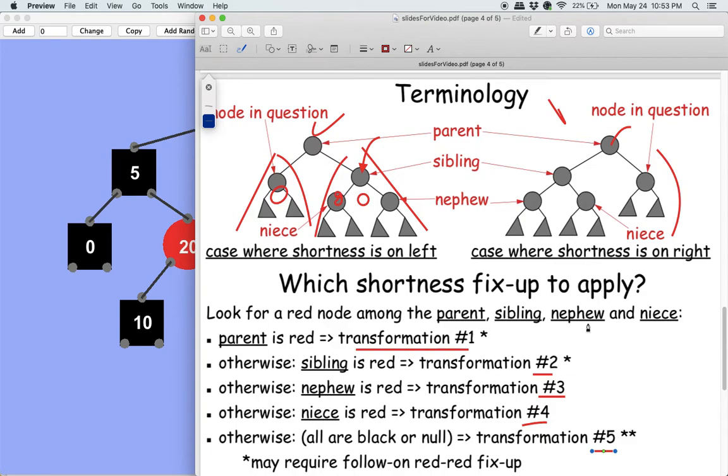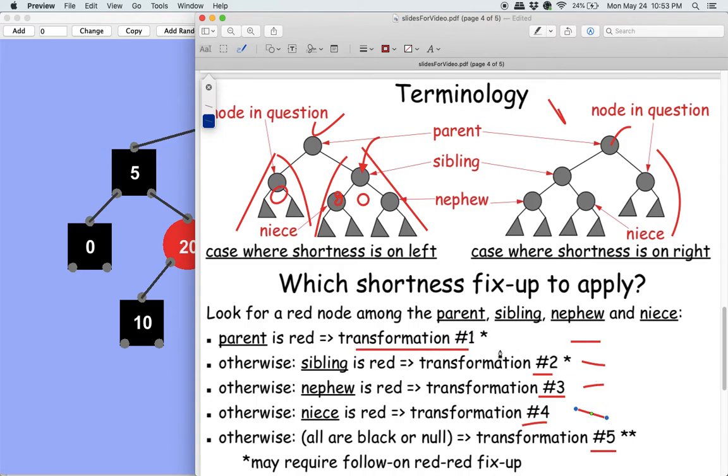And it turns out the first 2 transformations might introduce a red-red violation, in which case, after the transformation is over, if there's a red-red violation, you then apply a red-red fix-up after that. But in transformations number 1, 2, 3, and 4, you do the transformation, you're done. There are not these multiple transformations that you do at the same level.